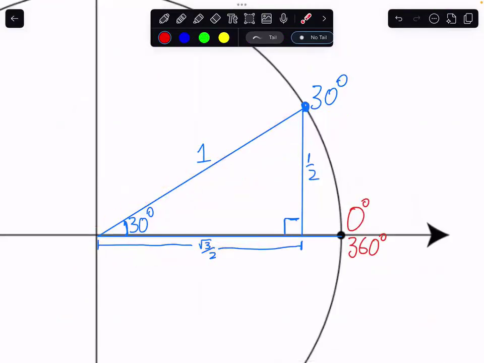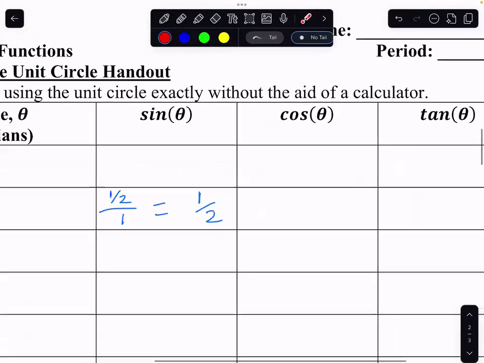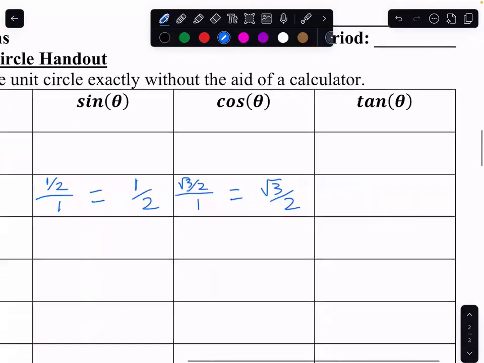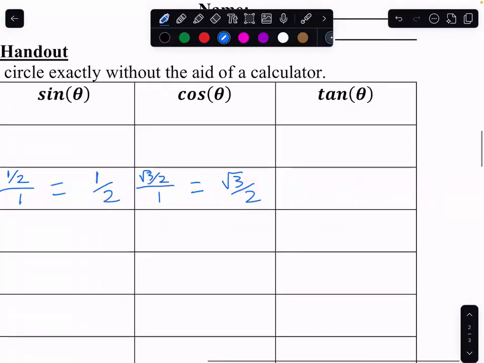So adjacent over hypotenuse, radical 3 over 2, all over 1. And again, dividing by 1 makes the math really easy.